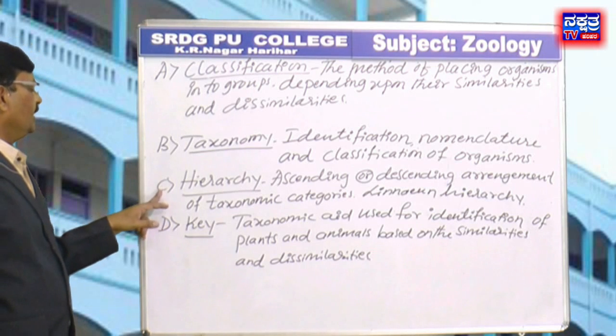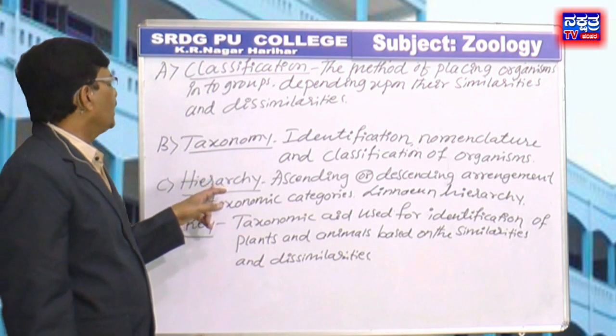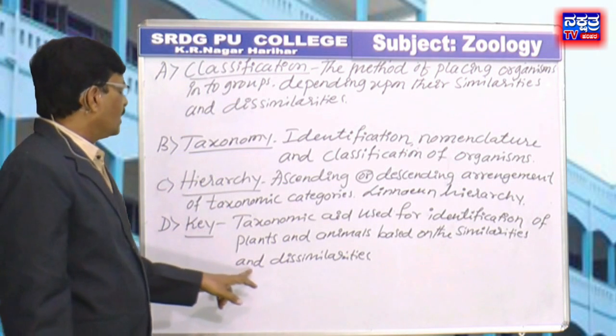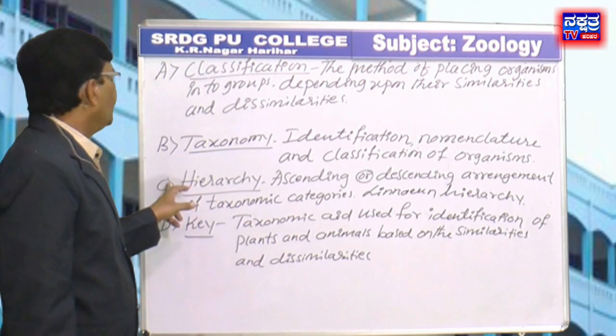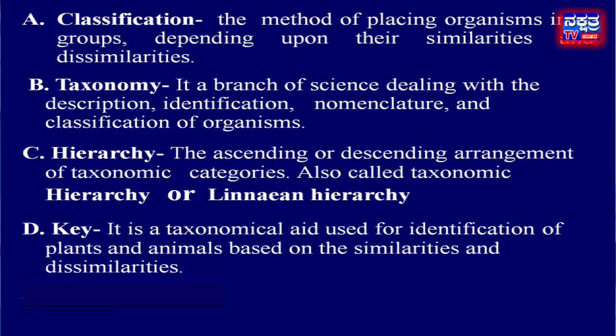The option C, hierarchy. Hierarchy is a word used in the binomial nomenclature by Carolus Linnaeus. According to the hierarchy definition, it is the ascending or descending arrangement of taxonomic categories. It is also called the Linnaean hierarchy.